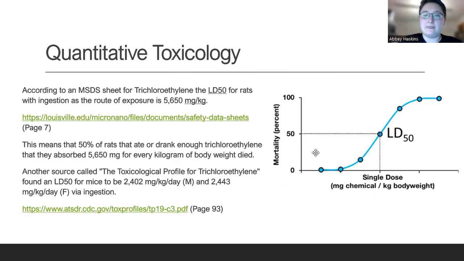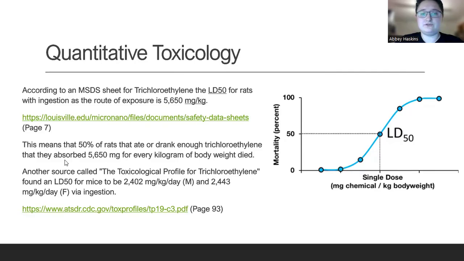If I were looking for the dose that had to be given for 50% of the rats to die, I would be looking for the 50% spot where 50% died, and I would drag it over to where it intersects with our line, and then I would drop down onto our x-axis to find that dose, and that's where they get that 5,650.